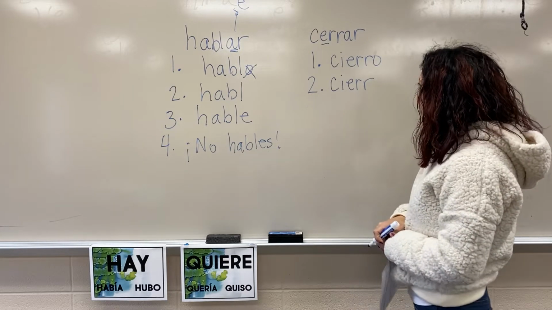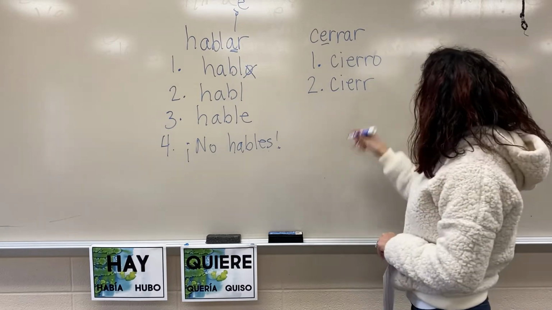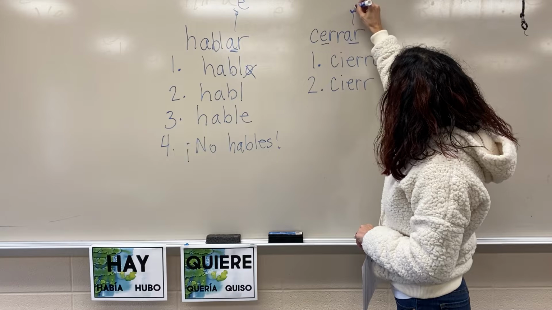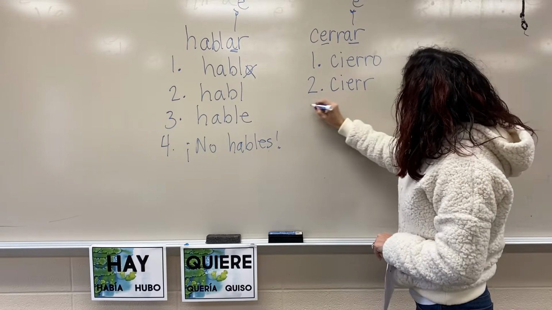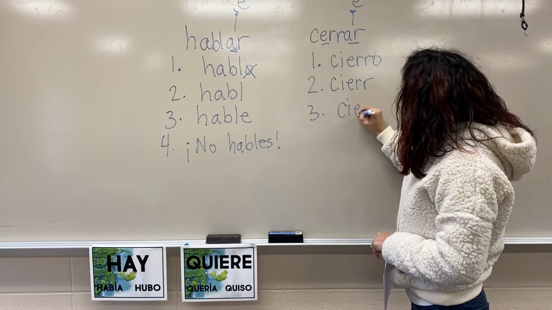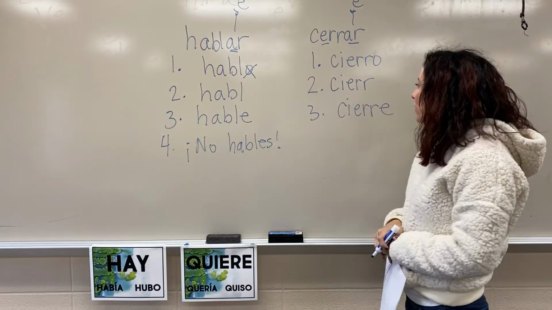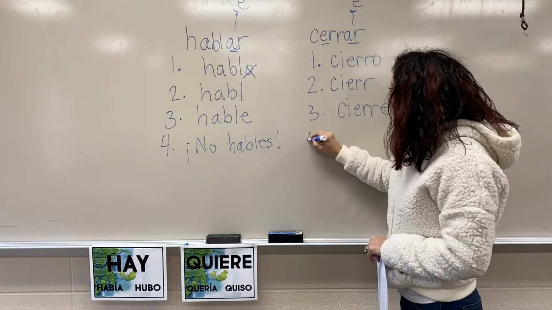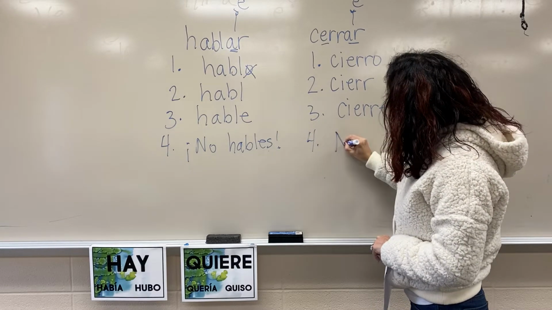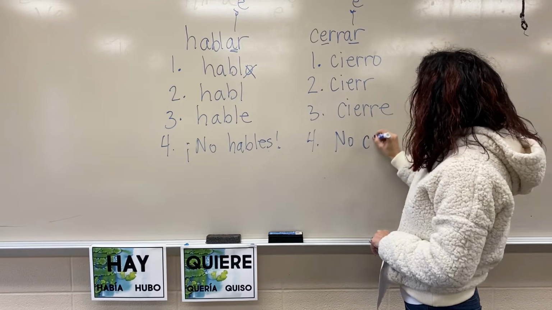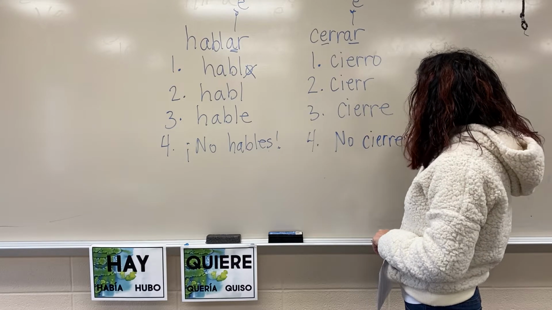Step 3, opposite ending. Once again, we have an AR verb, so the opposite is going to be an E. And the last step is we're going to put a no in front and an S at the end. No cierres.